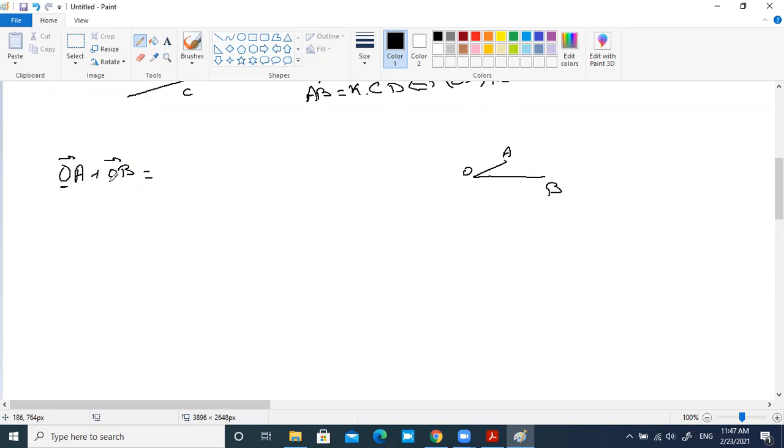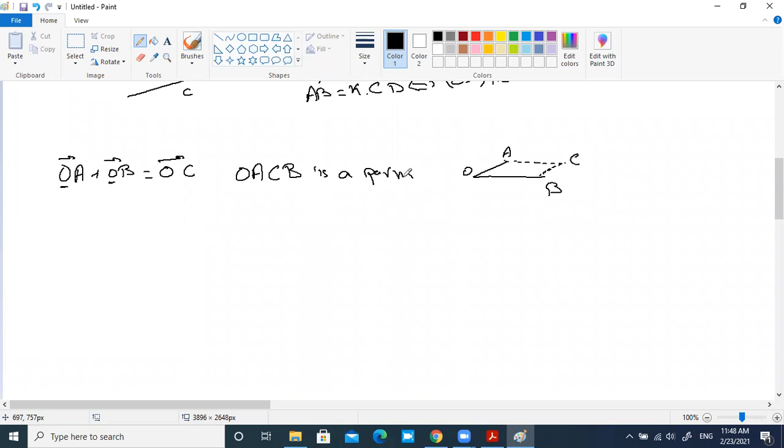OC, where C is the fourth vertex of the parallelogram. Very nice. It's equal to OC, where C is the fourth vertex of the parallelogram OACB. Parallelogram.